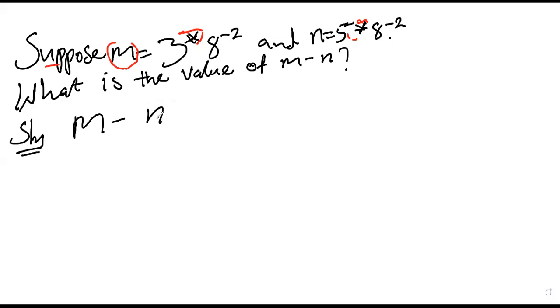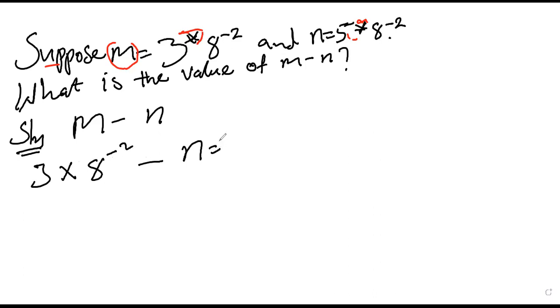Okay, so by doing that, I'm going to have 3 times 8 to the power of -2, minus n.